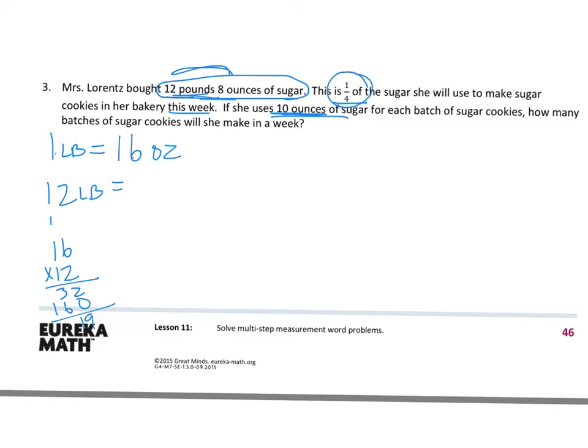And I'm going to get 192 ounces. And what I'll then do is I'm going to add that, because that's 12 pounds, I'm going to add that to my 8 ounces. Because 12 pounds is 192 ounces, and I need to add in my 8 here. So 192 plus 8 will get me 200 ounces.